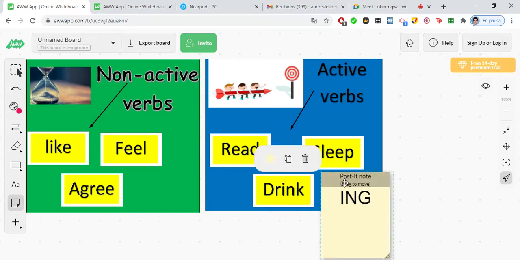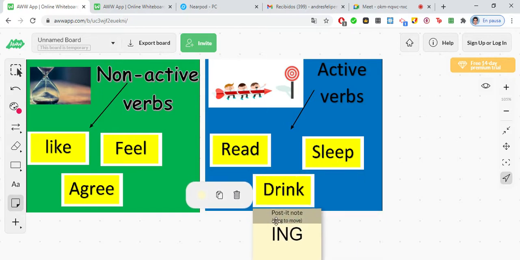These are called non-active verbs, and these are the verbs that in the present continuous we will have to conjugate. Remember, non-active verbs express emotion, feelings, something abstract. Active verbs, actions, fact, something that you can see. Okay, clear so far these two kinds of verbs? The idea is to practice some of them in the classes, but you can look for some examples on internet.